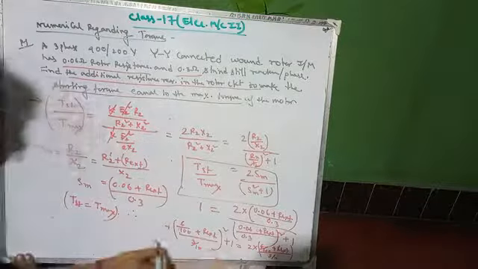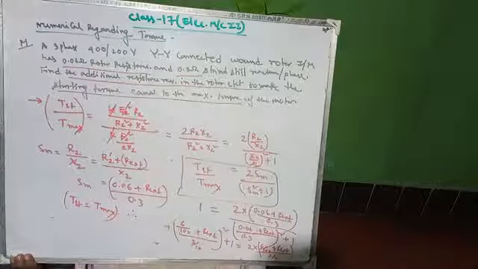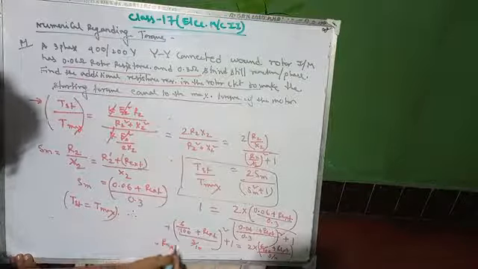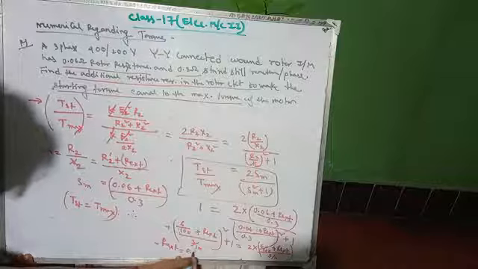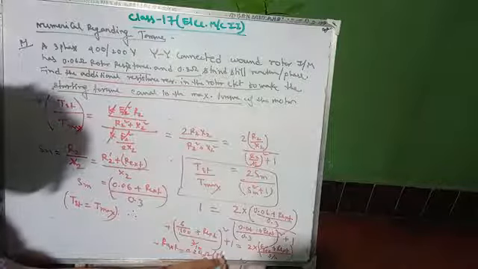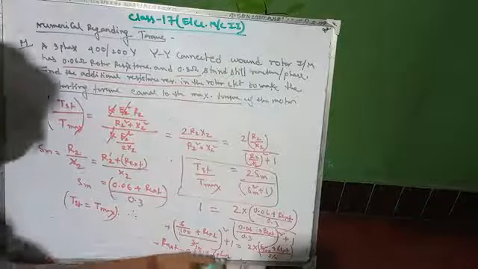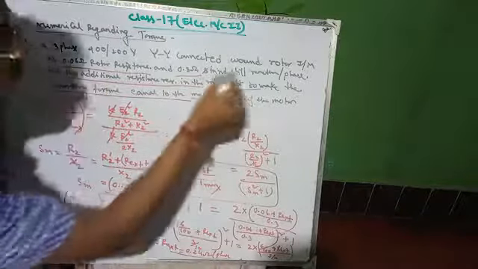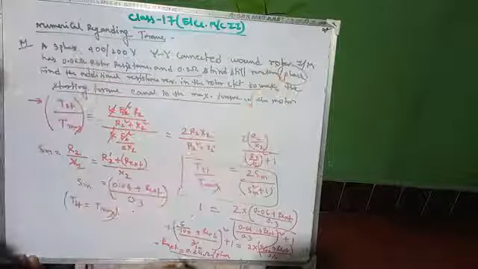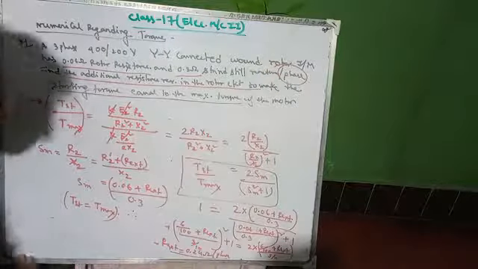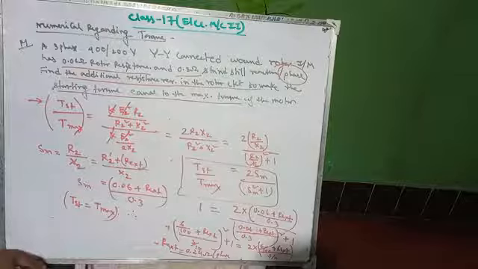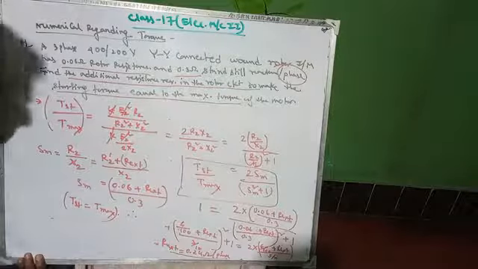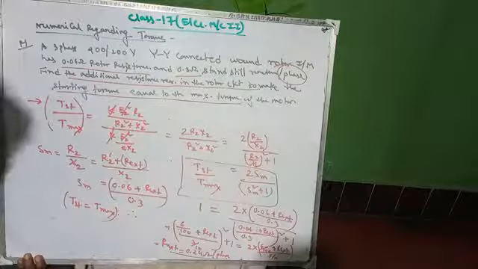By solving it, you can verify by yourself, Rext should be equal to 0.24 ohm per phase. As the values are given per phase, the result will be per phase, that is in each phase you have to connect 0.24 ohm resistance.